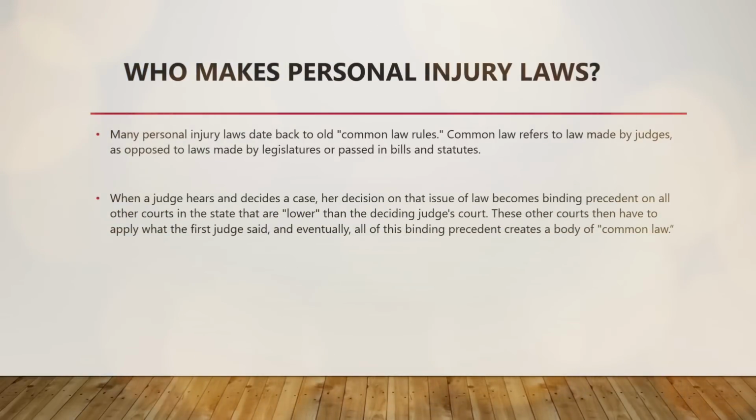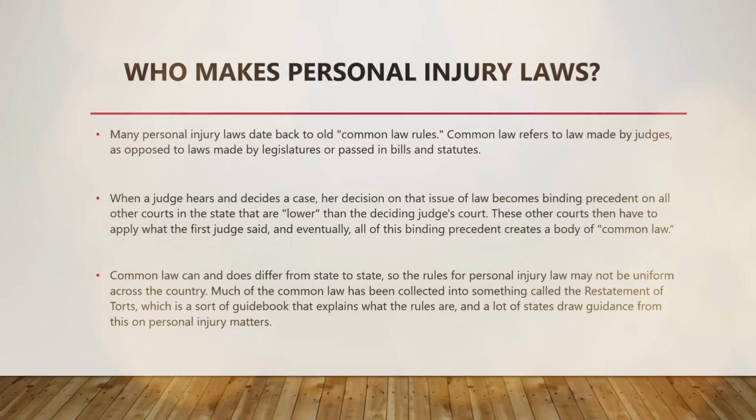Now, who makes personal injury laws? There are various ideas. We will take some ideas from here. Many personal injury laws date back to old common law rules. Common law refers to law made by judges as opposed to laws made by legislatures or passed in bills and statutes.